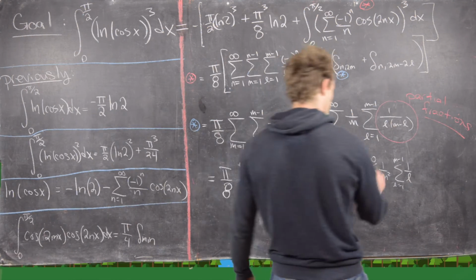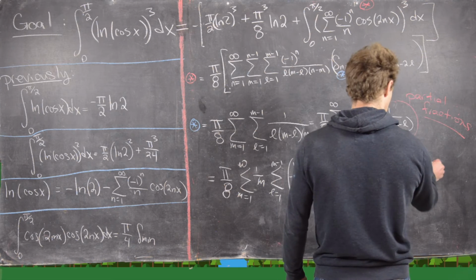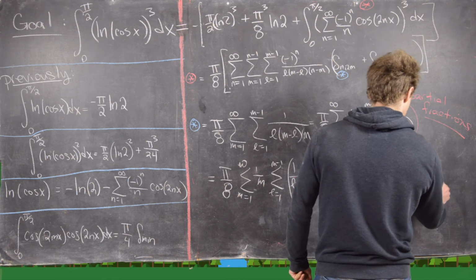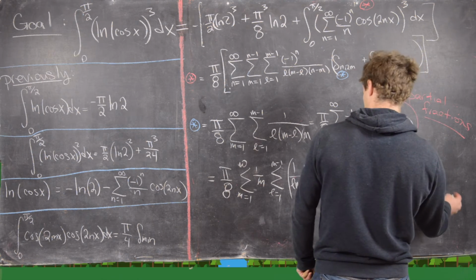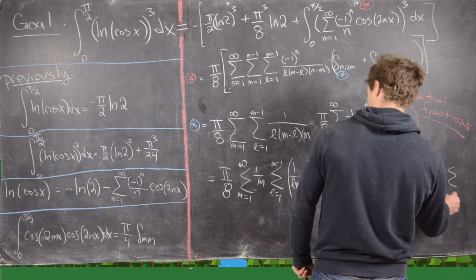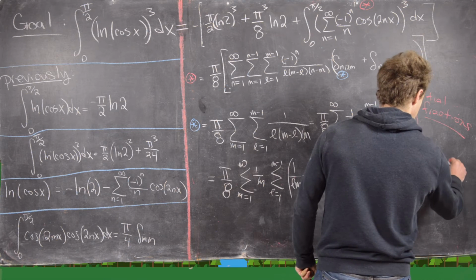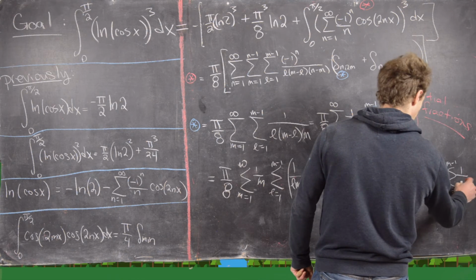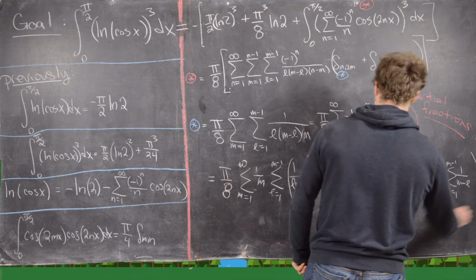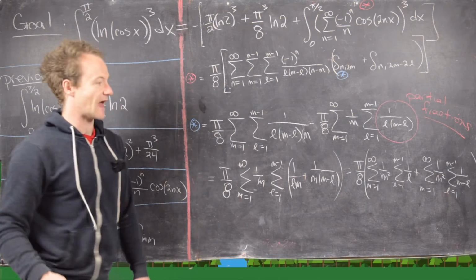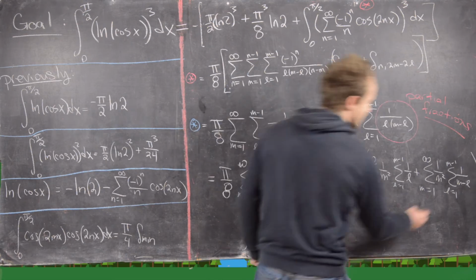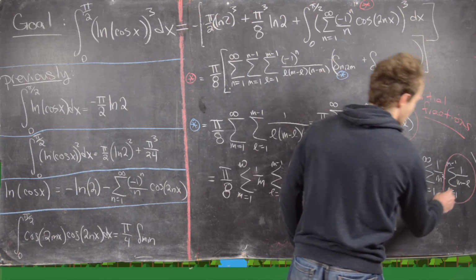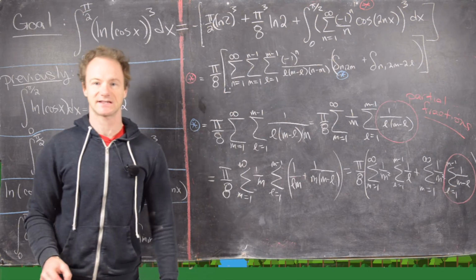And then the second part, we get something super similar. We're going to get the sum m equals 1 to infinity of 1 over m squared, times the sum L equals 1 to m minus 1 of 1 over m minus L. Now the next thing we can do is take this sum right here and re-index it.